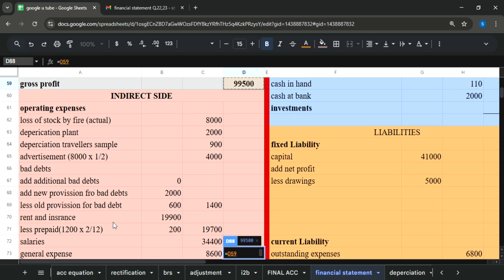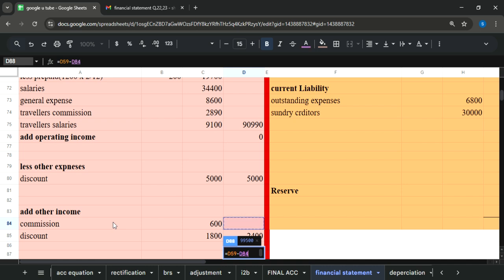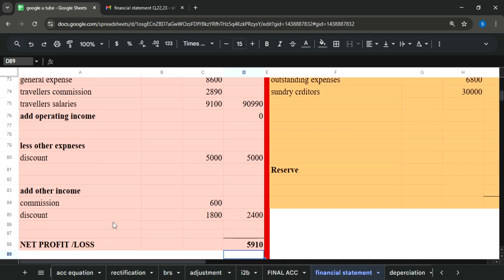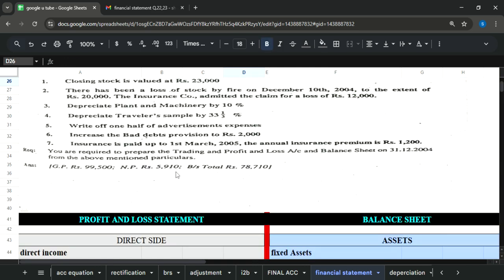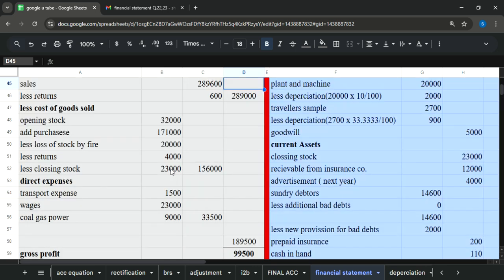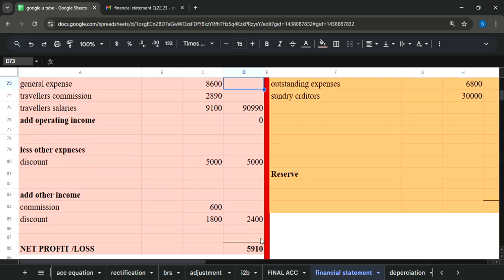First gross profit, then you will subtract the sum of operating expenses, then you will add your operating income 0, then you will subtract other expense, that was 500, and then you will add your other income, that was 2400. So what we have got is 5910. And here you can see 5910 is your net profit, and our answer is also 5910.